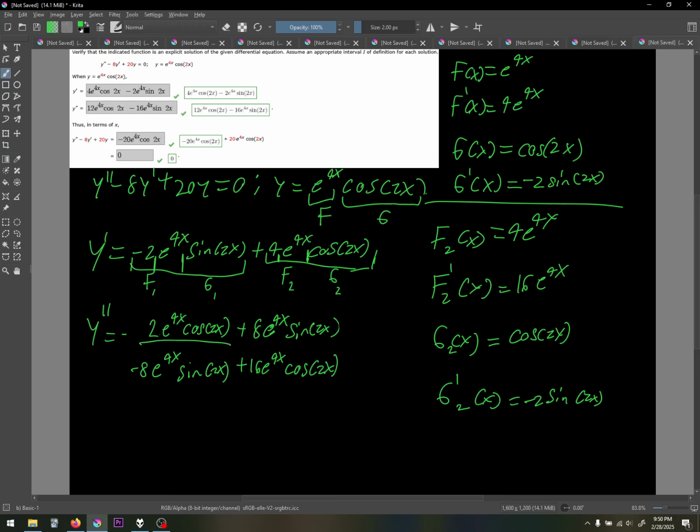So I'm going to combine this and this, which still isn't right. The sines actually cancel out.